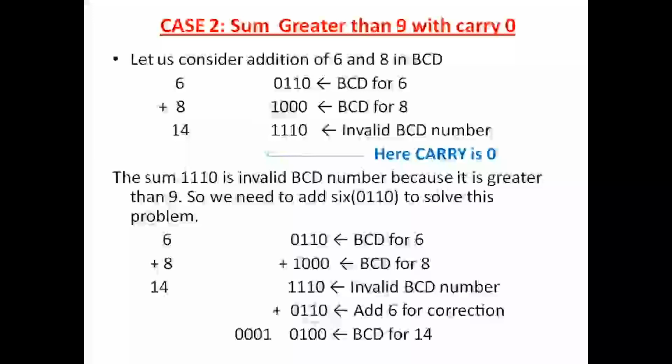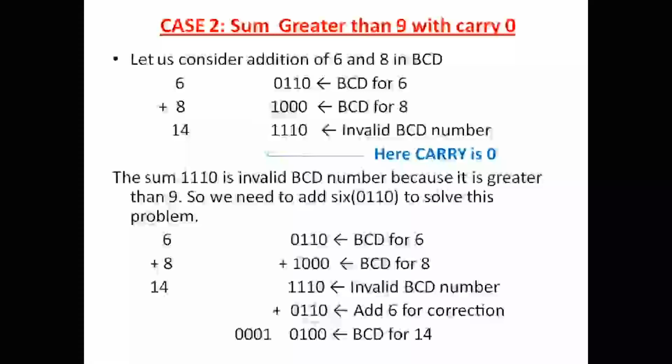So here, since 14 is greater than 9, it is an invalid BCD number. What do we need to do here? We need to add binary 6, which is represented as 0110, to solve this problem.